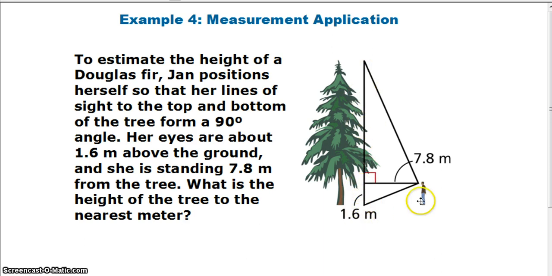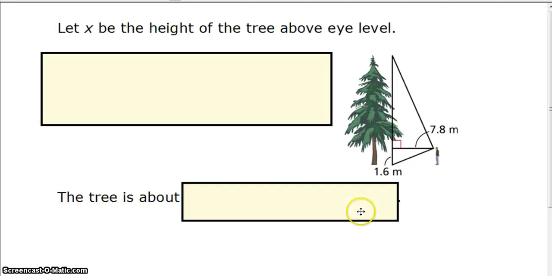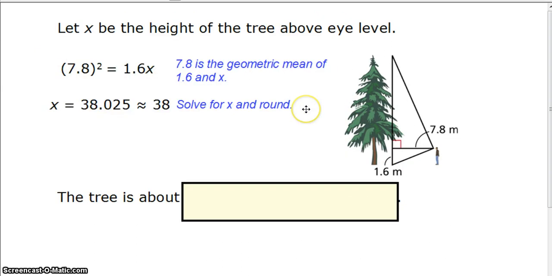Okay, so we're using which corollary? Good, the first one, right? Where we have the altitude squared equals 1.6 times x, right? So we can solve for x by squaring 7.8 and dividing by 1.6, which is approximately 38.